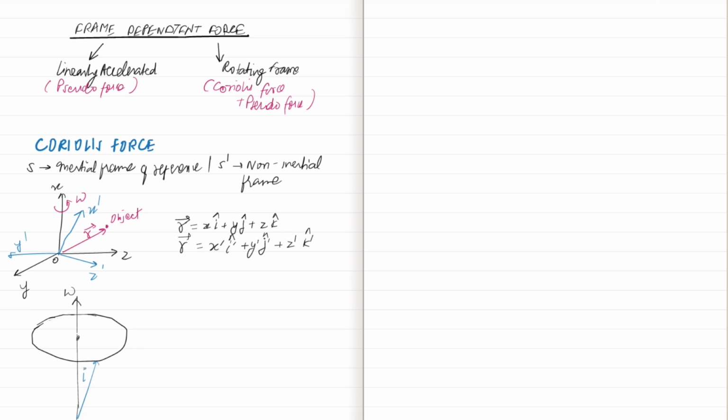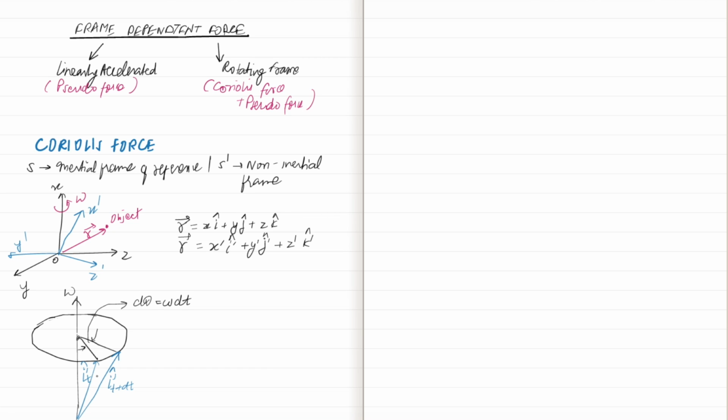Now after some time, this frame is rotating, so the direction of i dash cap will change. Suppose it comes somewhere here. So this is again i dash cap only, but the time is t plus some small time dt. So the direction of i dash cap changed because the frame was rotating, and the angle of rotation would be omega into dt.